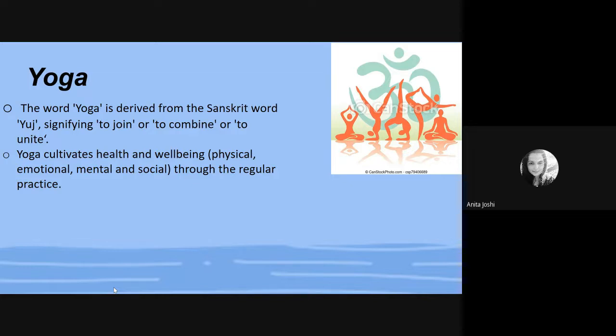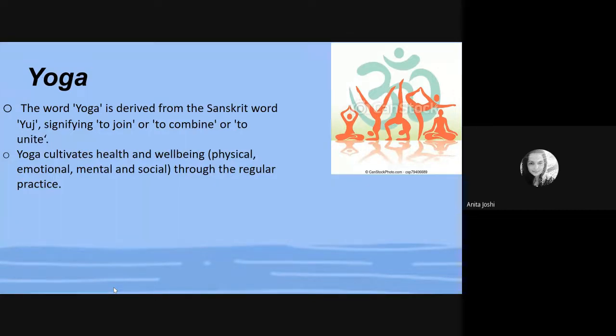The word yoga is derived from the Sanskrit word yuj, which signifies to join, to combine, or to unite. Just from the word, we can understand that yoga is not isolated. We can combine yoga with many other disciplines or parts of our life, wherever we want to put yoga. It is quite flexible, like the postures we have in yoga.